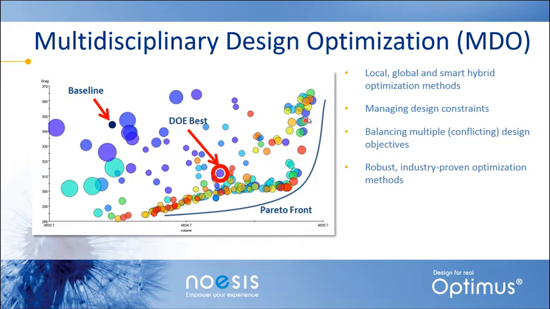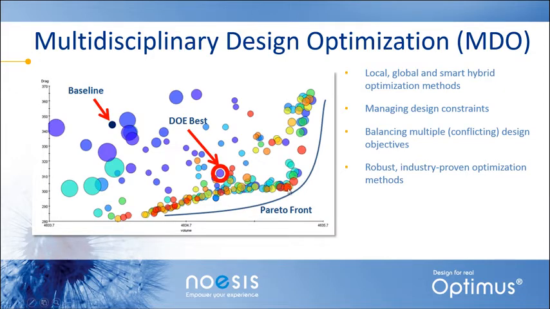For instance, if volume was more important than drag, you would select a design on the right side of this curve. If drag was more important than volume, you would select somewhere on the bottom left part of this curve. But probably most likely you're going to select a trade-off, perhaps somewhere around this point on the curve.